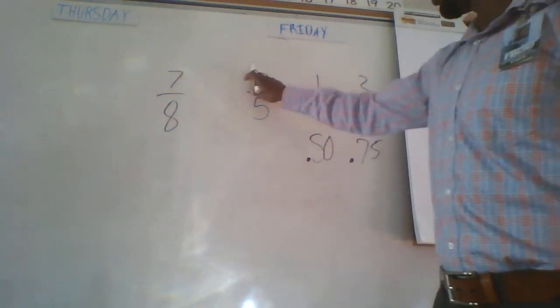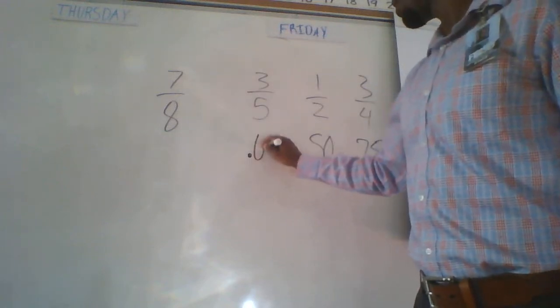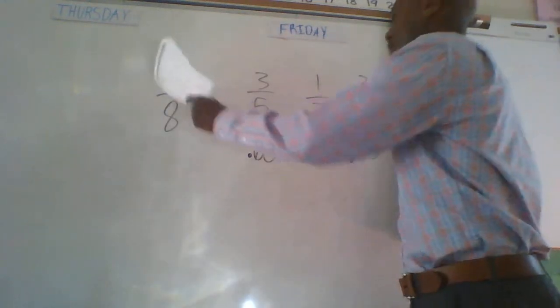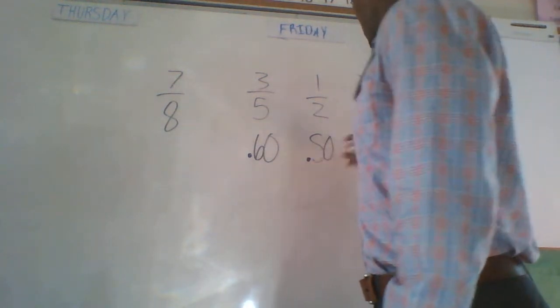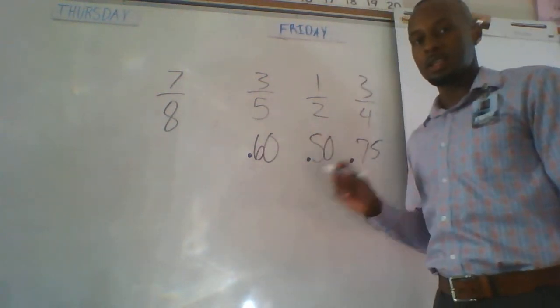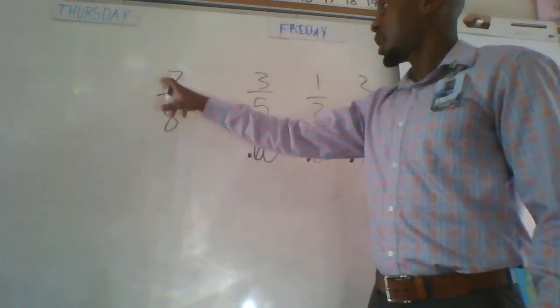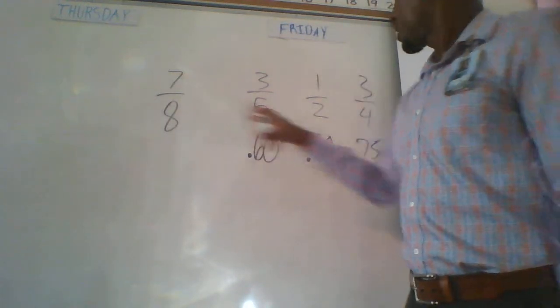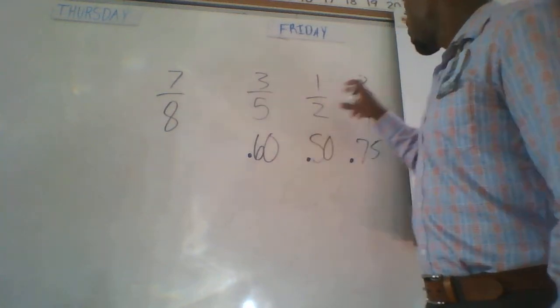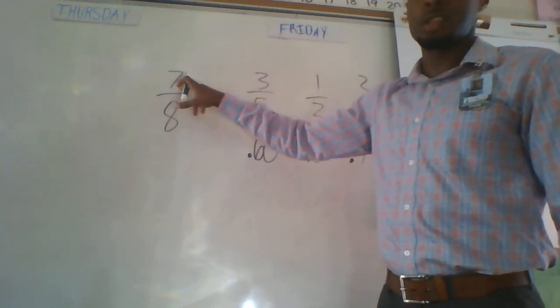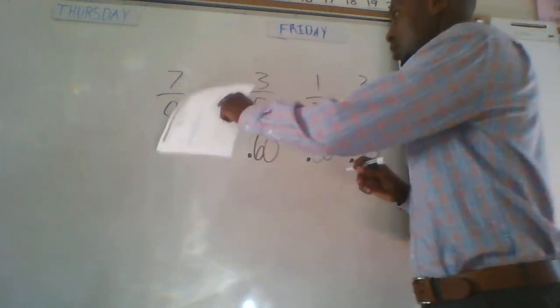We know 3/5 is 0.60. Okay, so now we need to figure out what 7/8 is. I'm thinking it's going to be more than 75% because the denominator is 8, this denominator is 4, and 7 is 1 below 8, 3 is 1 below 4, but this is a larger amount, so I'm thinking this is going to be over 75%.